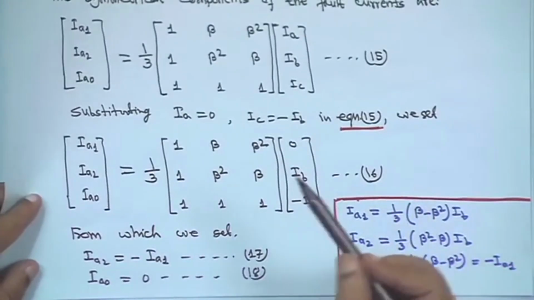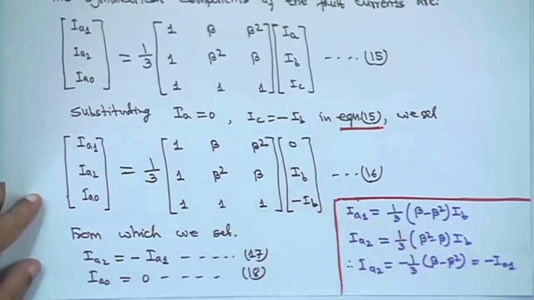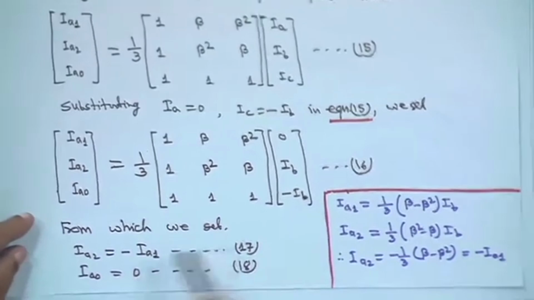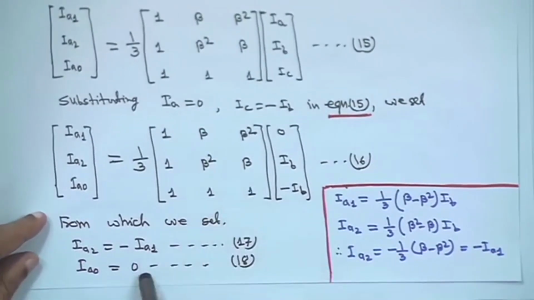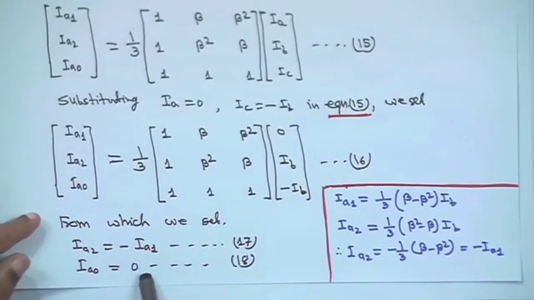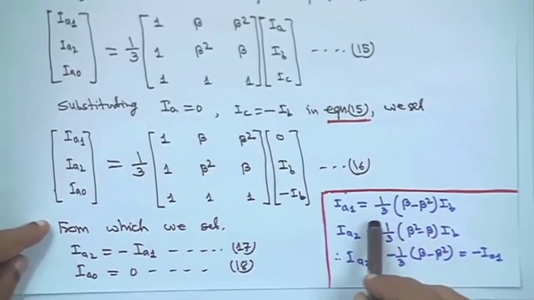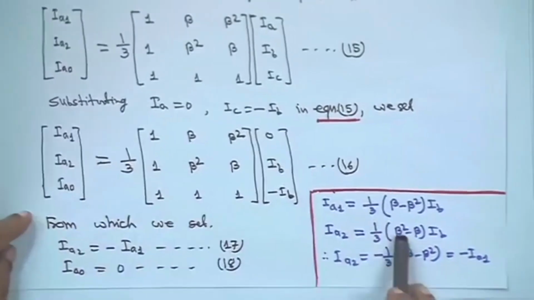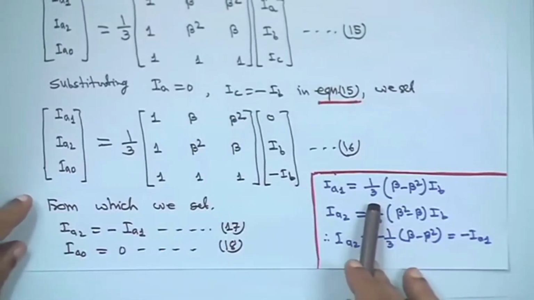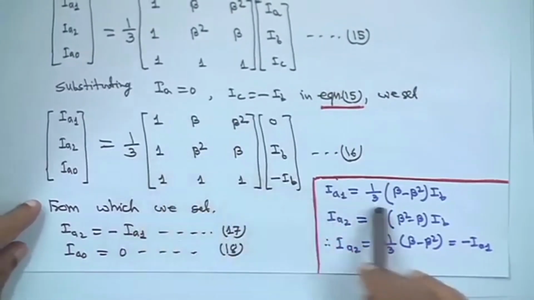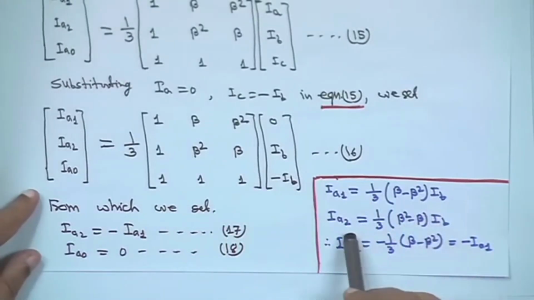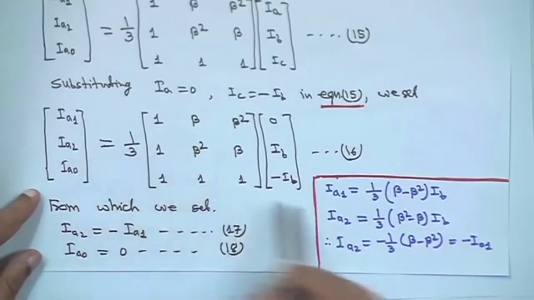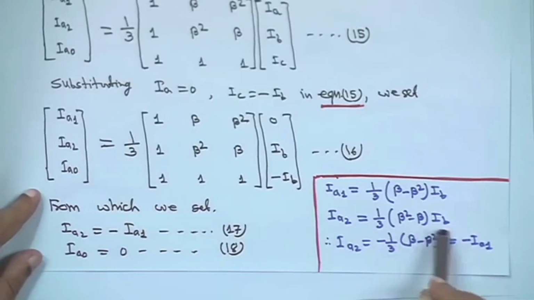So, this is actually minus IB, this is minus IB, from which you will get that IA2 is equal to minus IA1, and from this equation another will get IA0 is equal to 0, that means no zero sequence current. So, if you take IA1, I have written here that IA1 is equal to 1/3 beta minus beta square IB, and IA2 is equal to, from this equation only, 1/3 beta square minus beta IB.